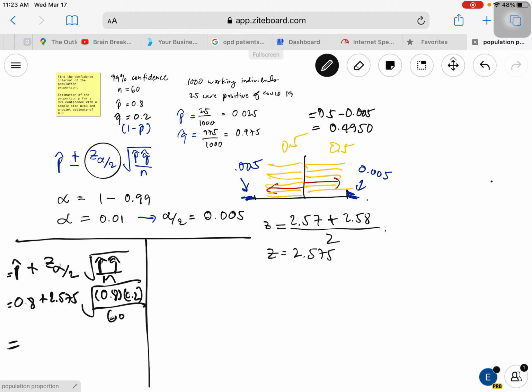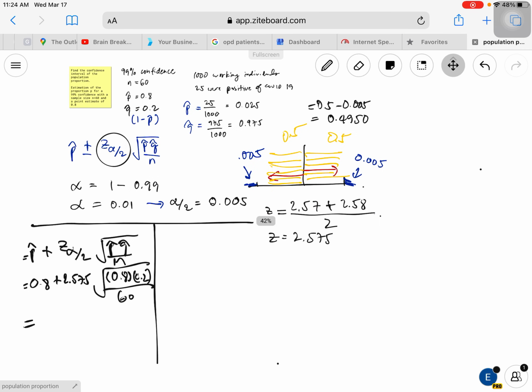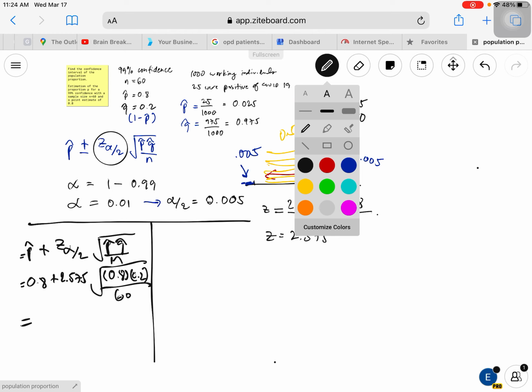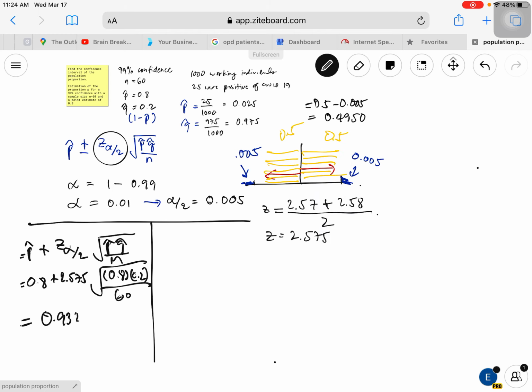We have 0.9329, or in percent, approximately 93%.